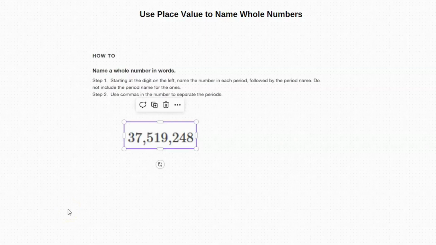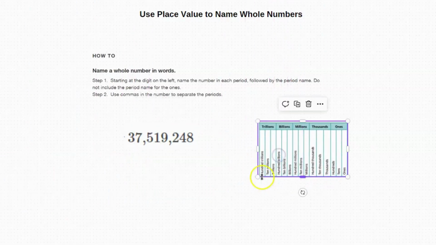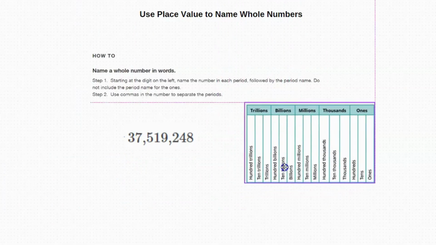So let's look at an example over here. So we have this number 37,519,248. Now how do you write this number in words? So first of all, we'll try to map this in a place value chart. So we'll first write this number starting from the very right hand.